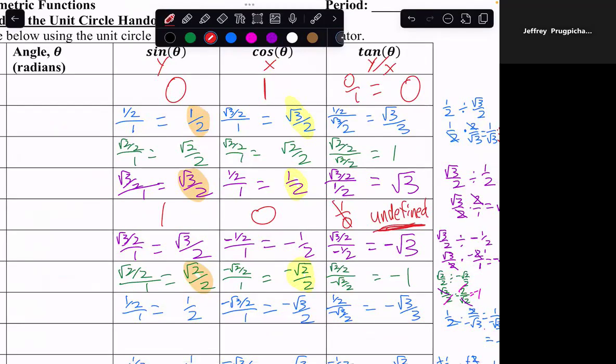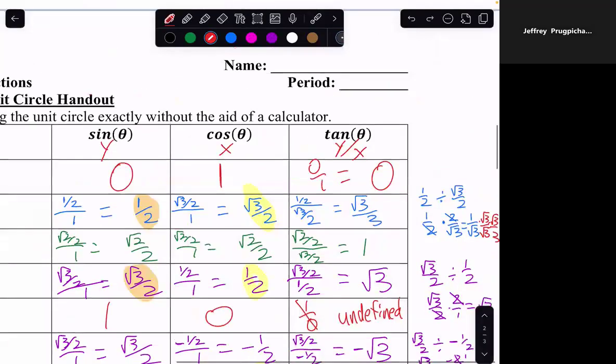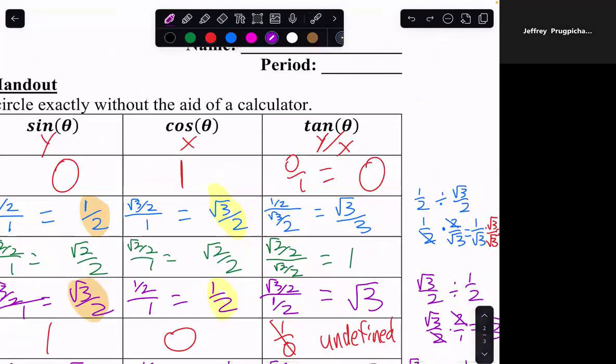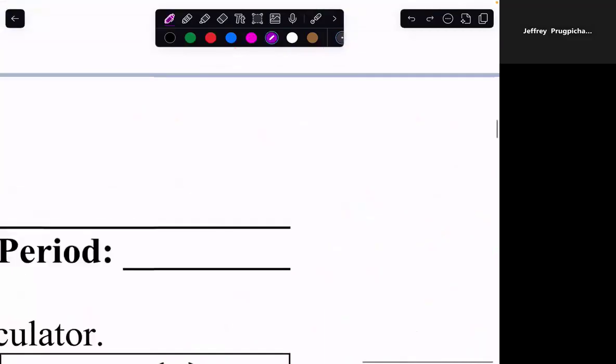Yes, sir? Why is it not like 0? Because, for example, 8 divided by 4, one way to understand this is you have 8 objects and you want to see how many bags you need if each one can fit 4 objects.